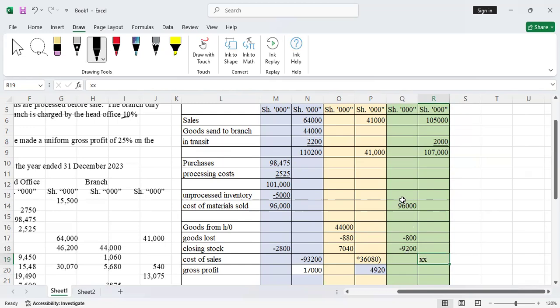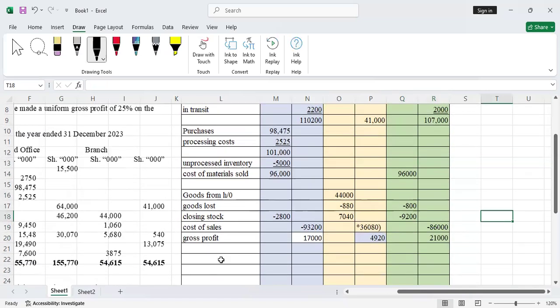We should have done this. Si ndio hiyo imeandika 86,000. Then I put it in brackets like that. Utaona inajipea negative. So I get the summation there, and the summation you can see right there is 21,000. The gross profit of the combined business is 21,000.